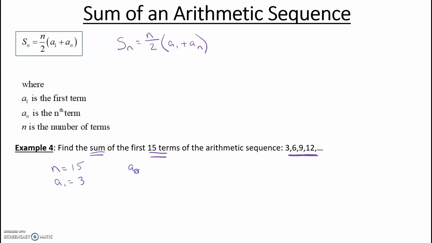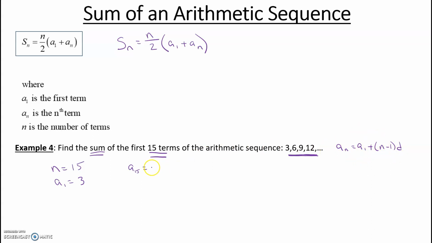I don't know what the 15th term is. So let's use our last formula. I remember we had a sub n equals the first term plus n minus 1 times d. So let's use that and find out what our 15th term is.